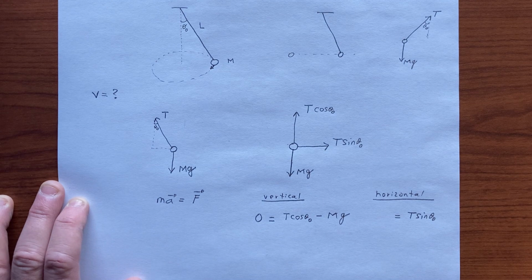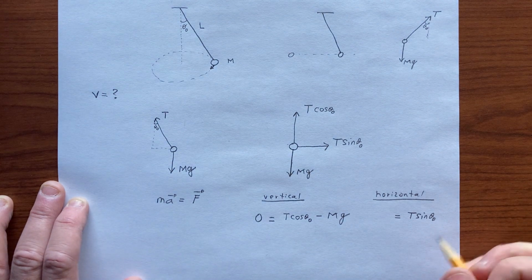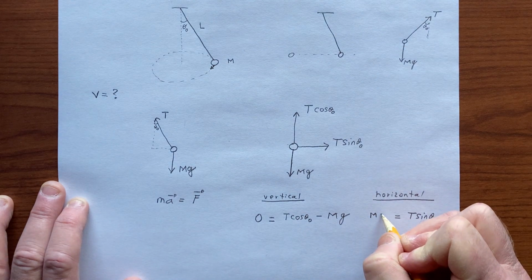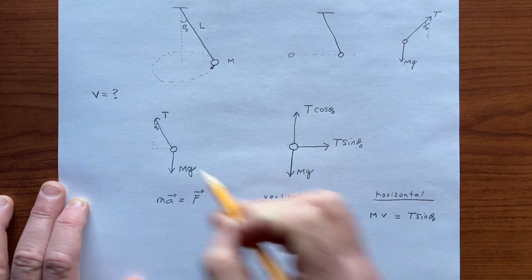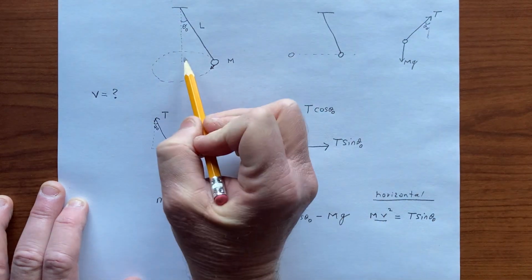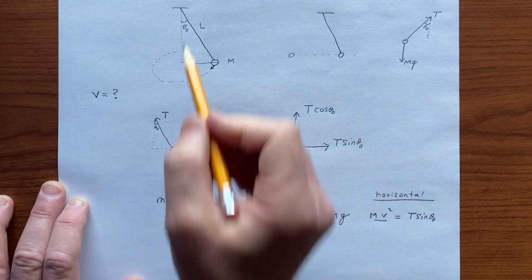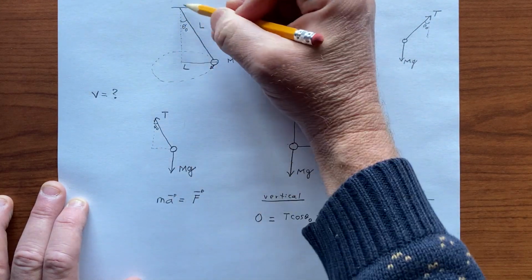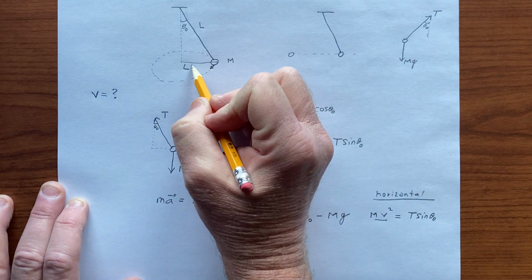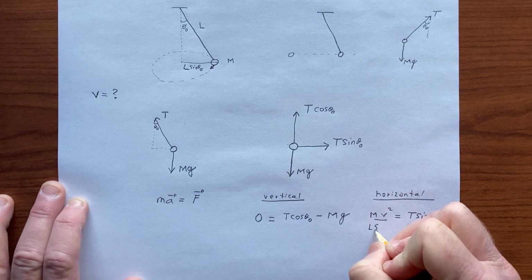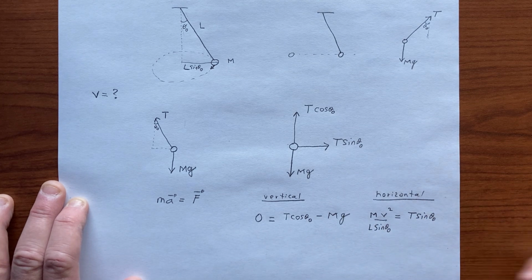And of course this is circular motion, so the conditions for circular motion apply, and so the left-hand side is really the mass times the speed, that's the unknown v that we want, squared, divided by the radius. What is the radius of the circle? Well, if this length is L, then this has to be L sine theta naught, and so we divide that by L sine theta naught. Those are our two equations.